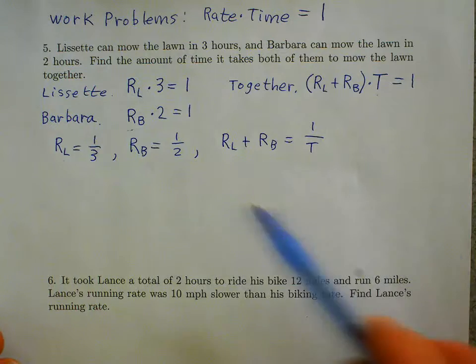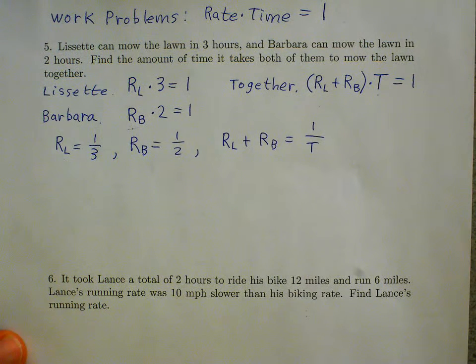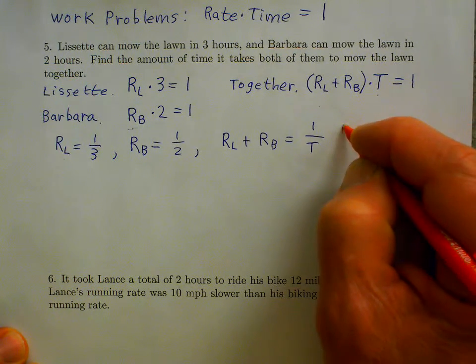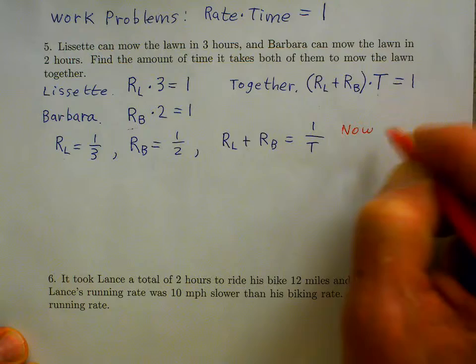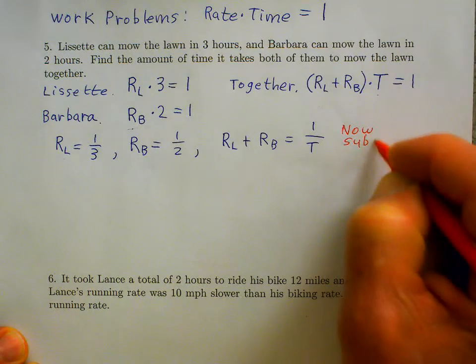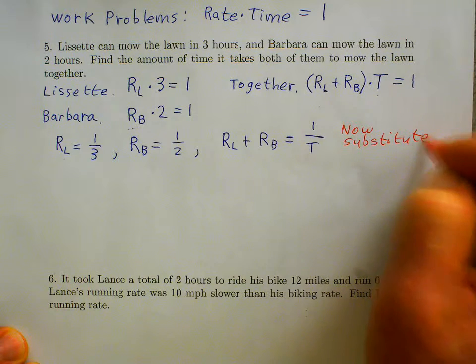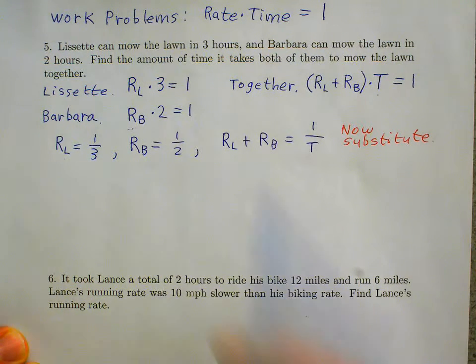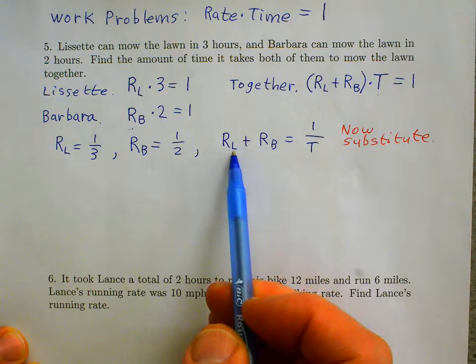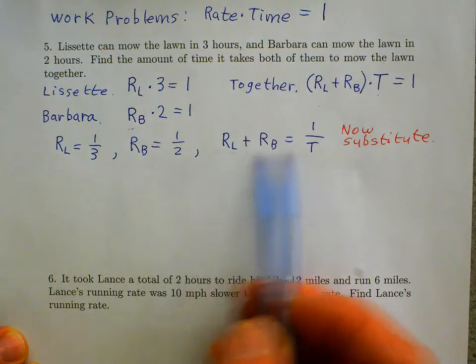Now we make substitutions. So I'll make a note of that. Now substitute. Replace Lizette's rate in this equation with 1/3.